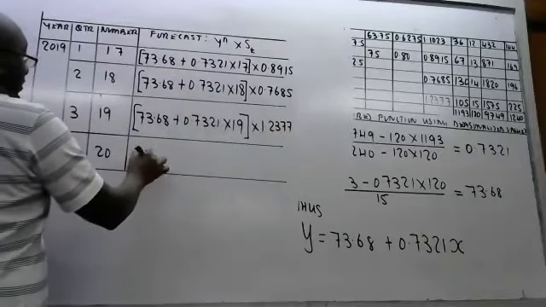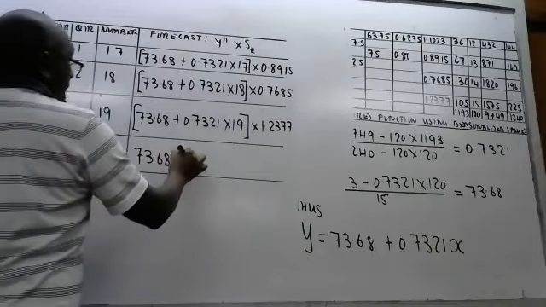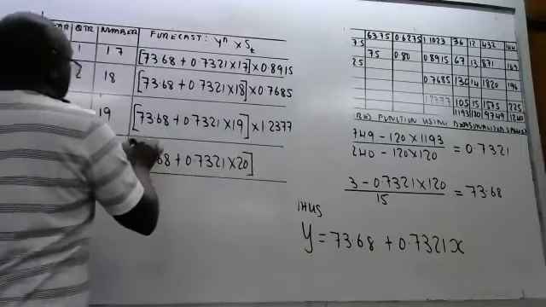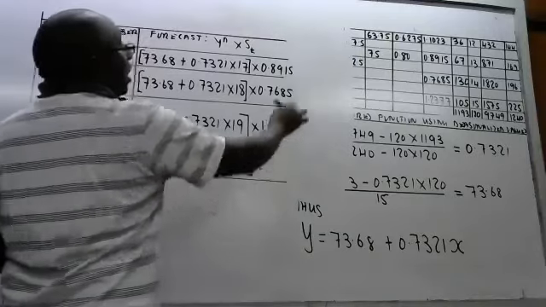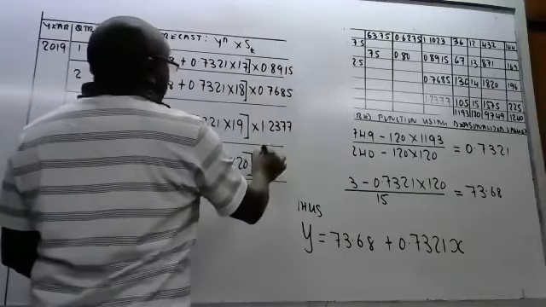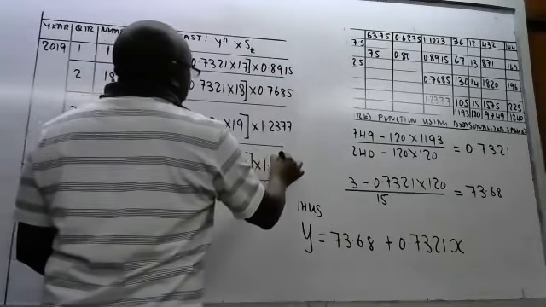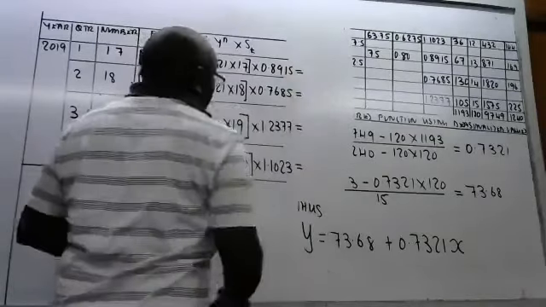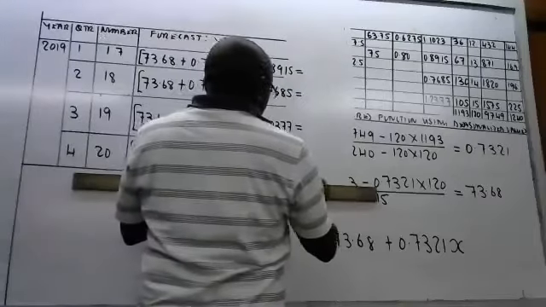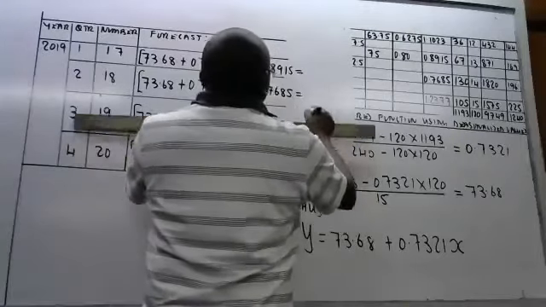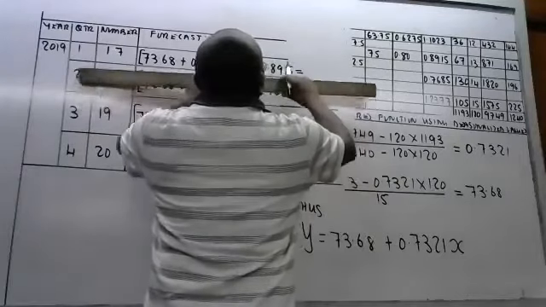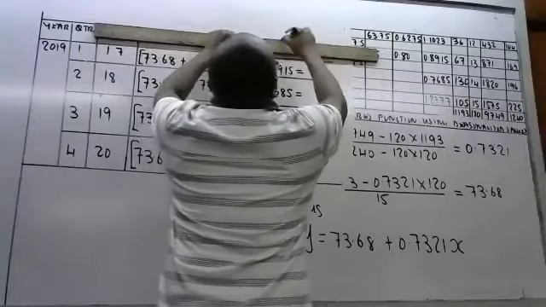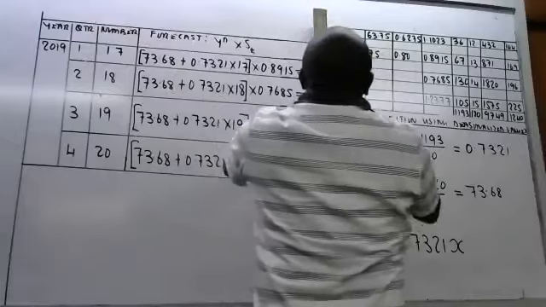And the last one, 73.68 plus 0.7321 times 20, multiplied by the seasonal index for the fourth quarter, 1.1023. So do that and get your answers. Once you have the answers, you tell me finished, so that I'm able to proceed to handle the next issue.